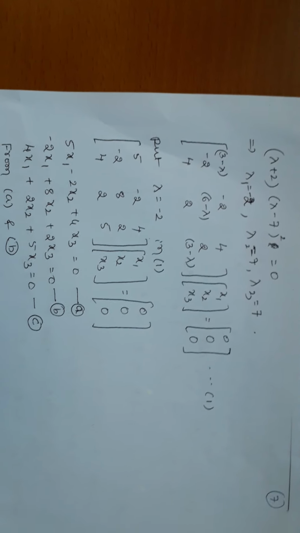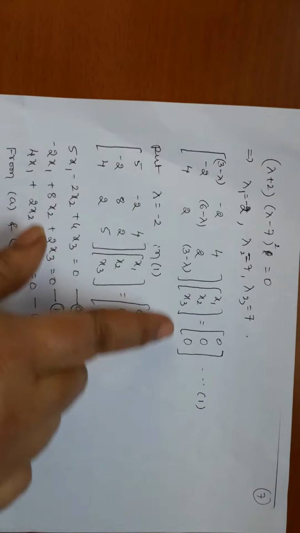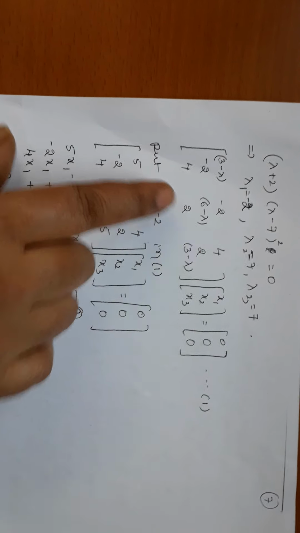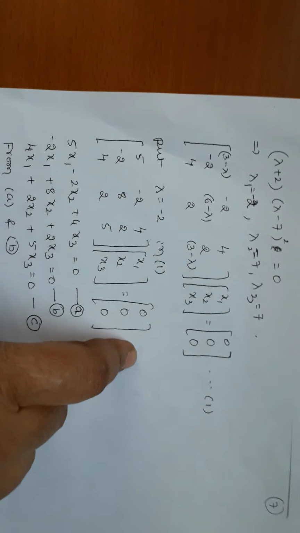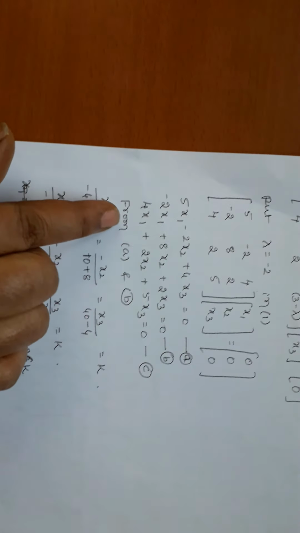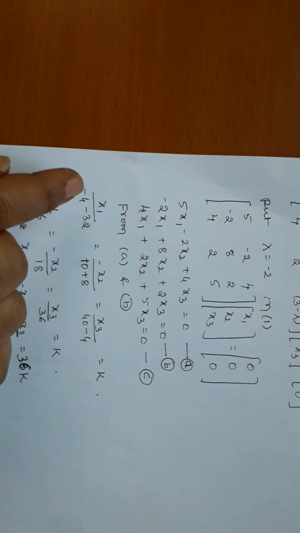Therefore, what we are going to do here: first take the first eigenvalue. Write the matrix A minus lambda I times X equal to 0, and write the system of equations. From this, choose two equations that are linearly independent, meaning one equation cannot be written in terms of the other.